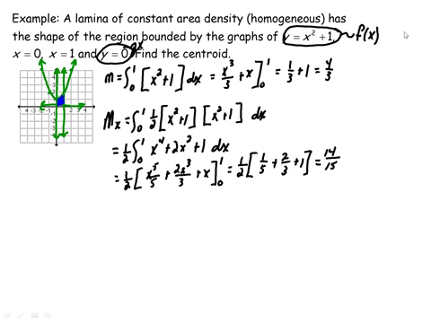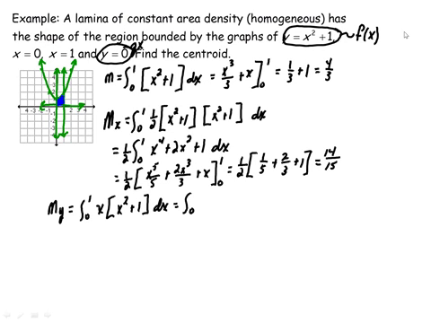All right, the last thing on our list is m sub y. So let's do m sub y. M sub y says that we're going to do the integral from 0 to 1 again. Your boundaries are not going to change. And then you're going to have x times f of x, which is x squared plus 1, minus g of x, which is 0, so we're just not going to worry about it, dx. Do the algebra.